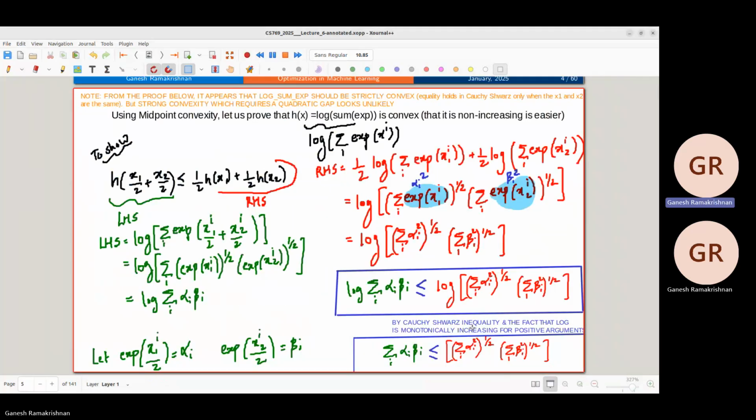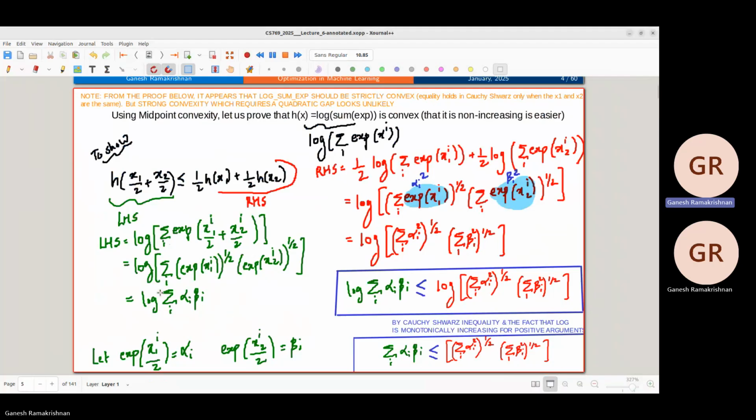This is where we concluded. And basically, this required us to invoke the Cauchy-Schwarz inequality, right? So we concluded with this as a recap. And a lot of it is just about substitution. For example, the exp of a sum is product of the exponentiated entities. And then when you take a log of this product, then you'll get basically a log of the sum of the products.